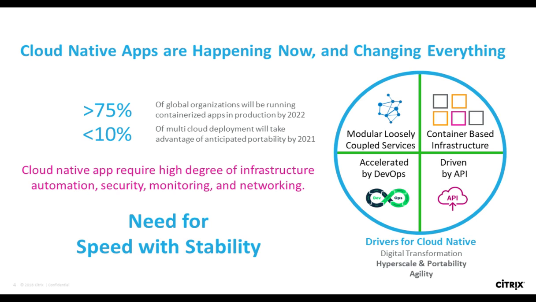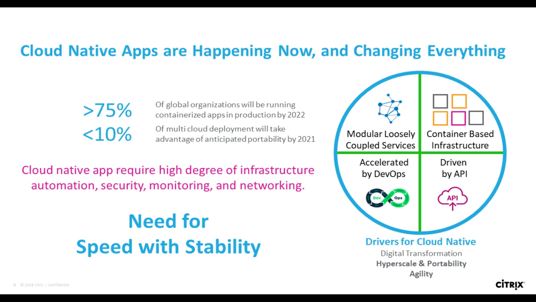This is so critical to have the right network, the right application delivery controller, because these cloud native applications, which are also called microservices-based applications or container-based applications, require a high degree of infrastructure automation because you want agility and CI/CD. You want to make sure they are secure, you monitor, and also consider the networking infrastructure implications. So basically, you are looking for speed, but also looking for stability.